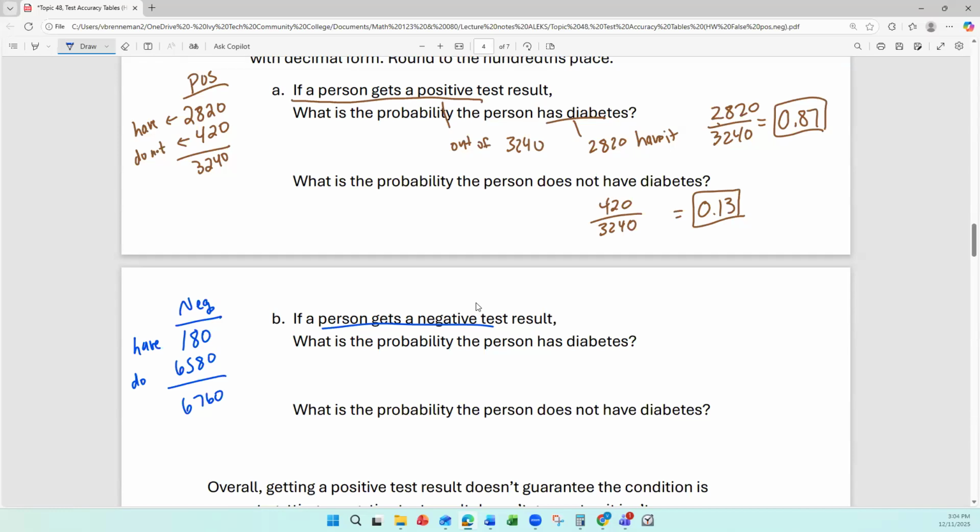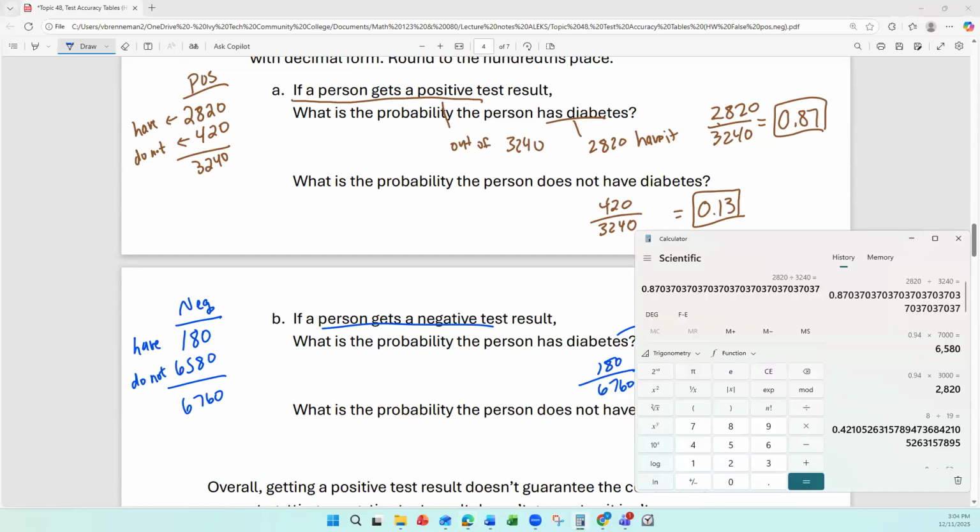The other 6,580 don't have it, and the test is accurate. So with a negative test, the probability the person has diabetes is 180 of the 6,760. So doing that division, it's 0.03.